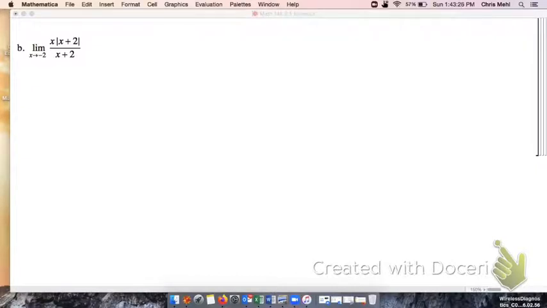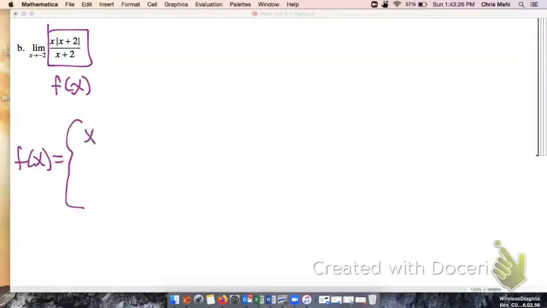Okay, this one's a little trickier though, because it's a piecewise function. I'm going to call this f of x. And hopefully you're going to notice that there's an absolute value in this. So in certain times x plus 2 will be positive and the absolute value goes away and you just get x back.